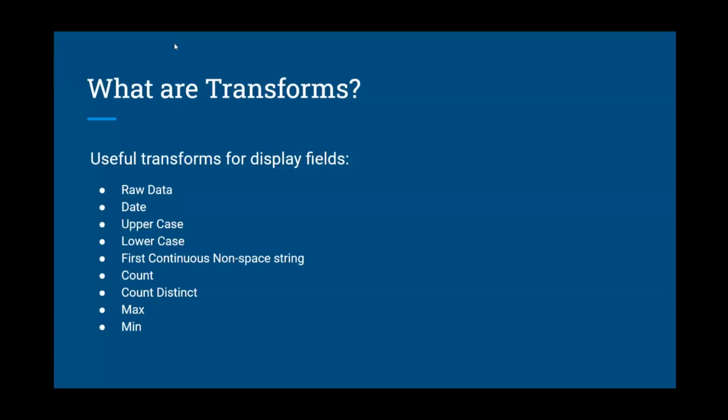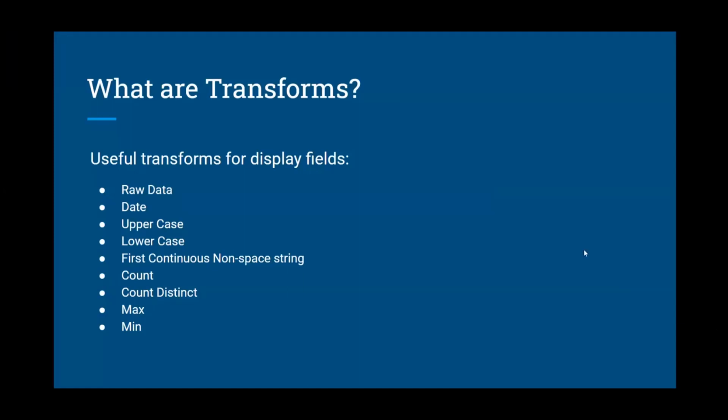All right, so let's go on and talk about some of the transforms that we can add to text-based fields. We can do a lot of different things with text.